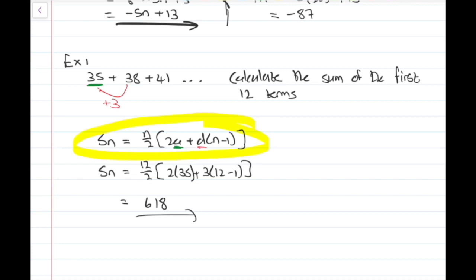There is one more that we're going to be doing in our class, which is going to be this one here, which is n over 2 into a plus l. This formula is an important formula because if we have a particular sequence, let's say we have a sequence of 2, 5, 8, so onwards, and let me just get what the last term would need to be.